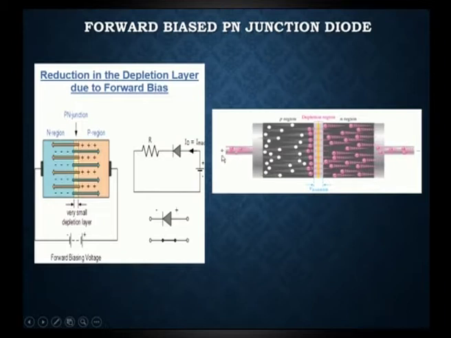Unlike poles attract each other, so the electrons present in the p region come near the p terminal, and the holes present in the n region come to the n region, and from the n region the electrons also move here and the holes move in this direction, and this produces a current flow.